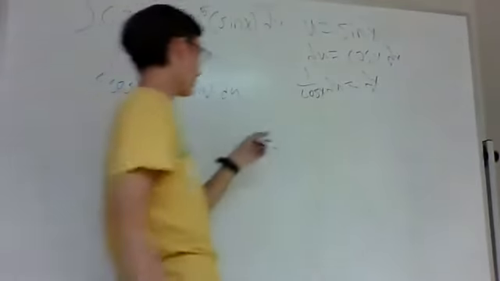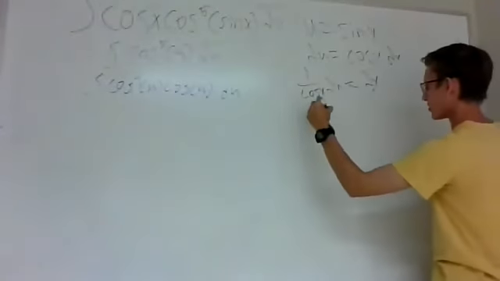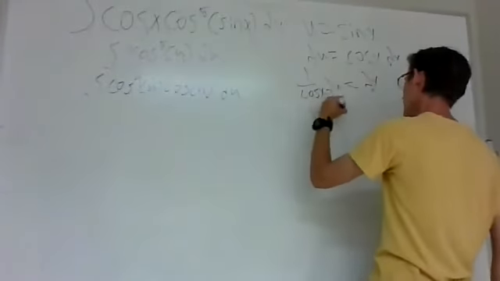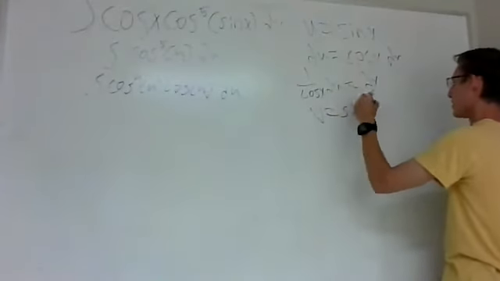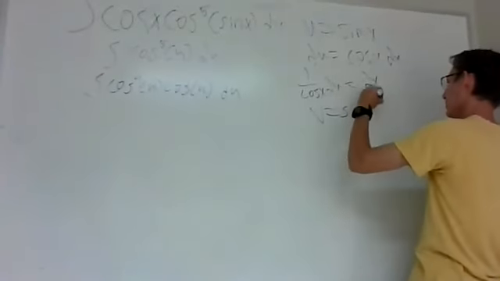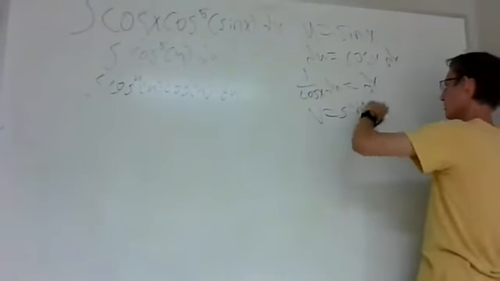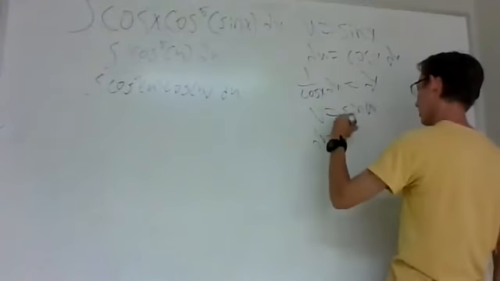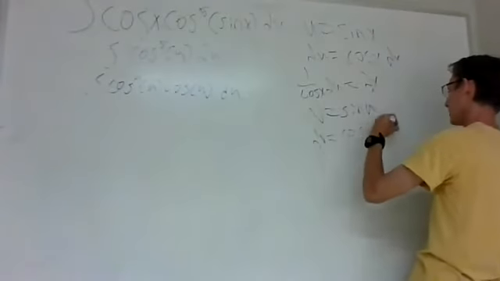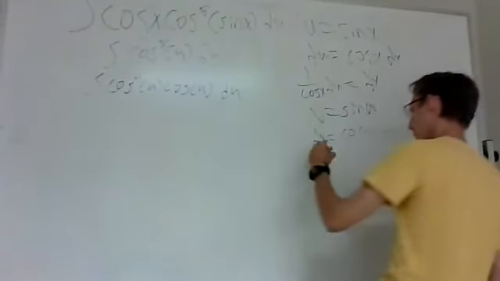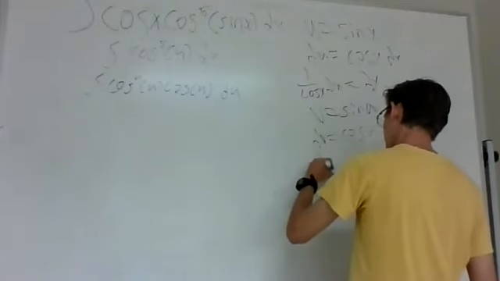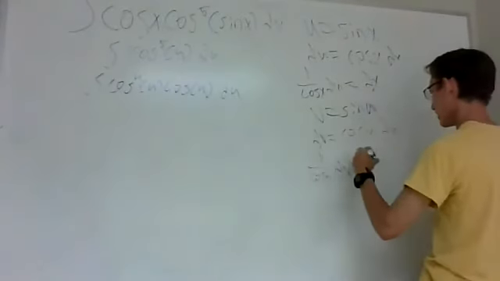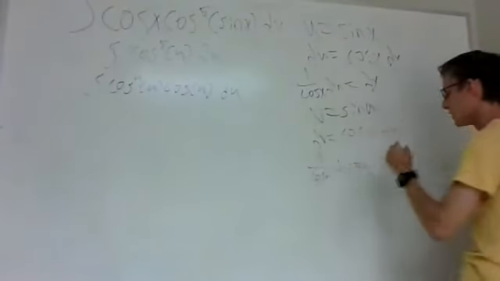We could also now perform a secondary u substitution, except this time we'll use v. It's equal to sine u. Then dv would equal cosine u du, where 1 over cosine u dv would equal du.